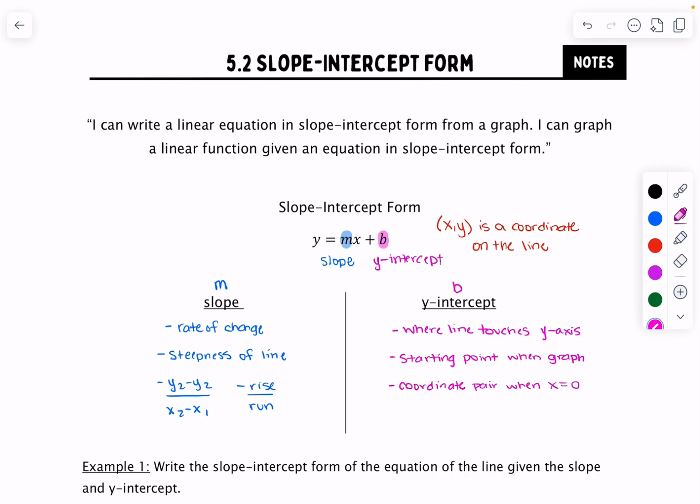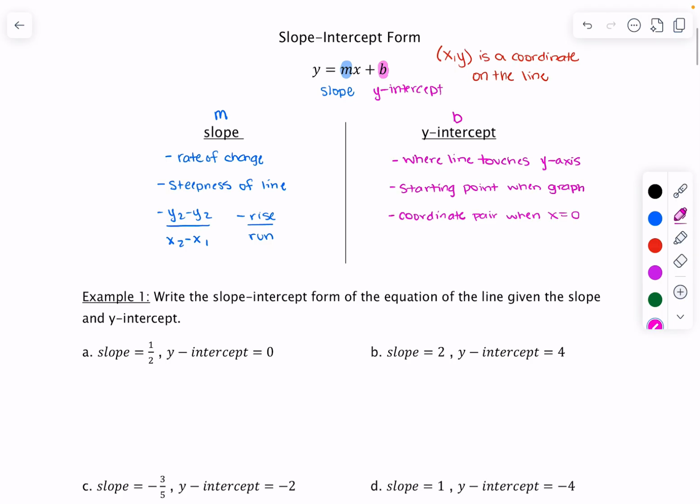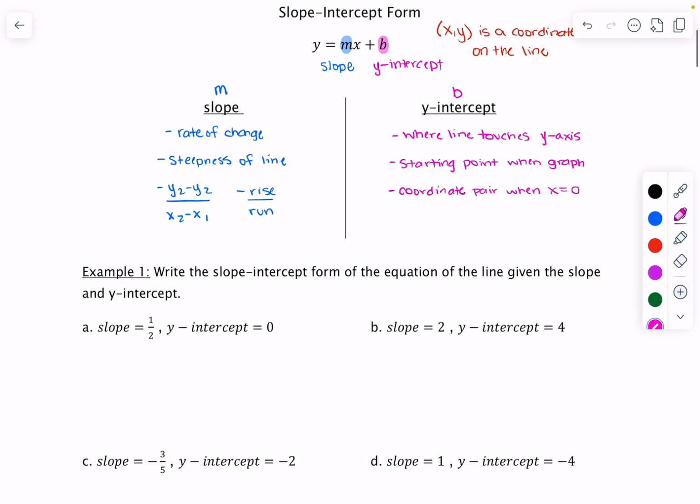So we're going to start off simply. We're going to start off by asking, can you write the slope-intercept form of an equation of the line given the slope and y-intercept? So for example 1, we're keeping in mind that we're looking at y equals mx plus b, where m is your slope and b is your y-intercept.